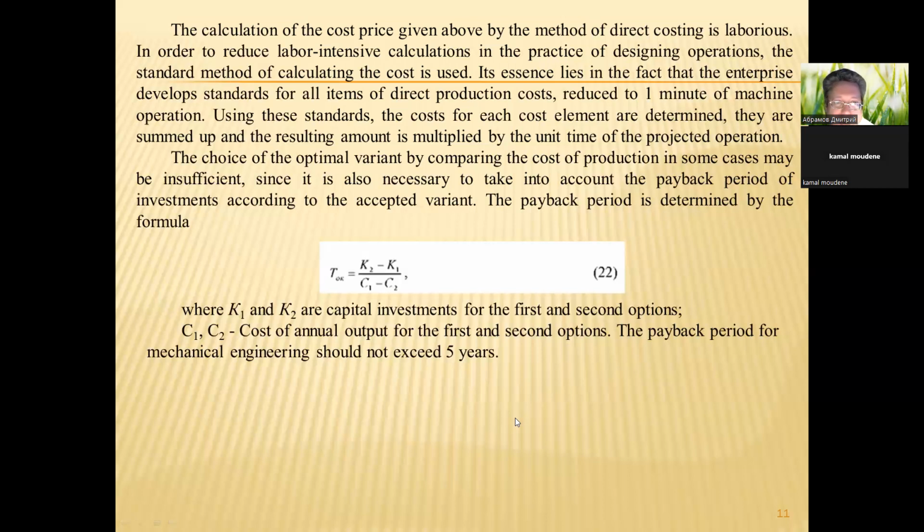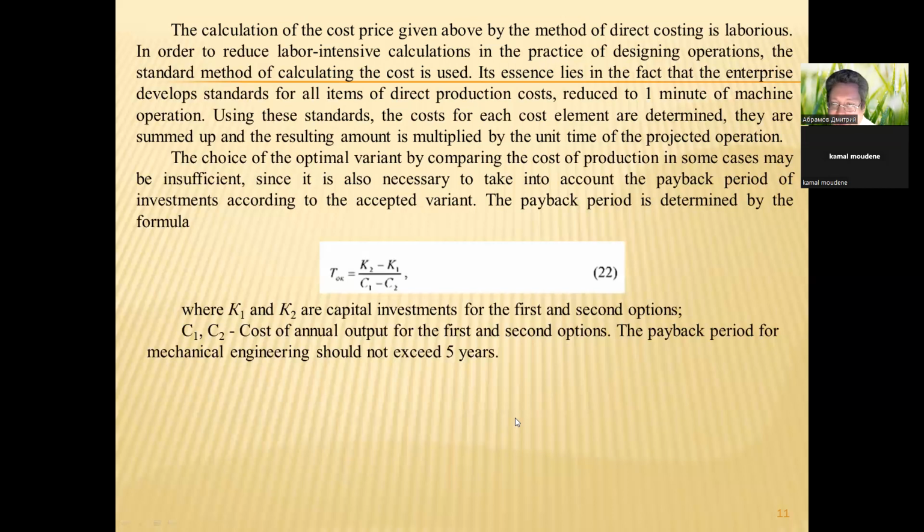The choice of the optimal variant by comparing the cost of production in some cases may be insufficient, since it is also necessary to take into account the payback period of investment according to the accepted variant.